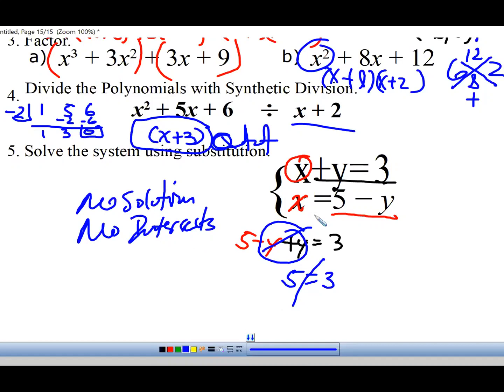So let me extend another question. This is going for Addie. Ready, Addie? Here goes a question, so you can think about it. If these two equations are linear equations, which means they make straight lines, and there is no solution, which means no intersect, what kind of lines are they?